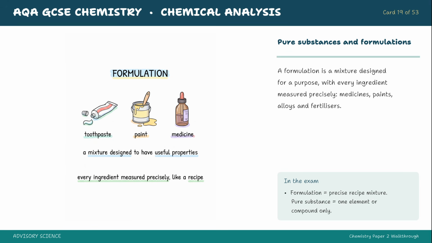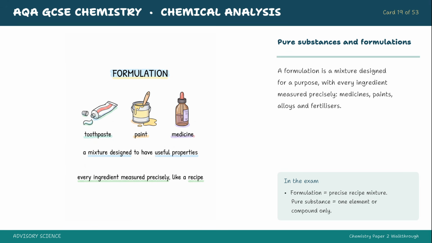It will melt or boil gradually over a wide range of temperatures. A formulation is a very specific type of mixture that's been carefully designed as a useful product. In a formulation, every single ingredient is measured out precisely to ensure the product has the exact properties required. Examples include paints, medicines, alloys, and fertilizers.